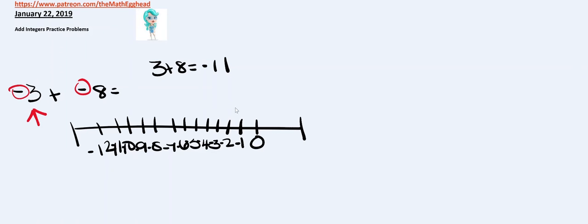Okay, so we're starting at -3. We're adding 8 spaces, but we know we're adding a negative number, so we are going to the left. So it's 1, 2, 3, 4, 5, 6, 7, 8. Negative 11. So remember, when you're adding two integers or two numbers that have the same sign, you add as normal and keep the sign of both numbers because it's the same. So in this case, it was negative 11.